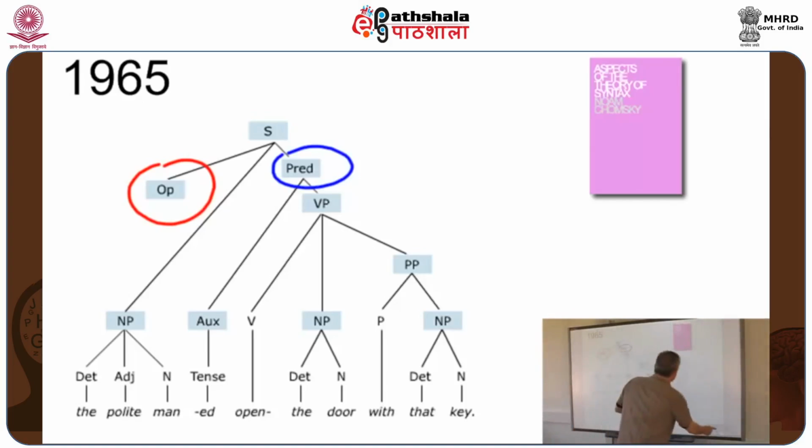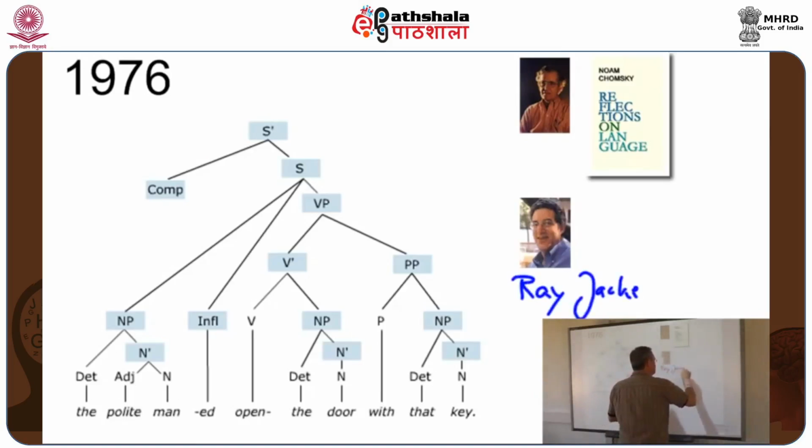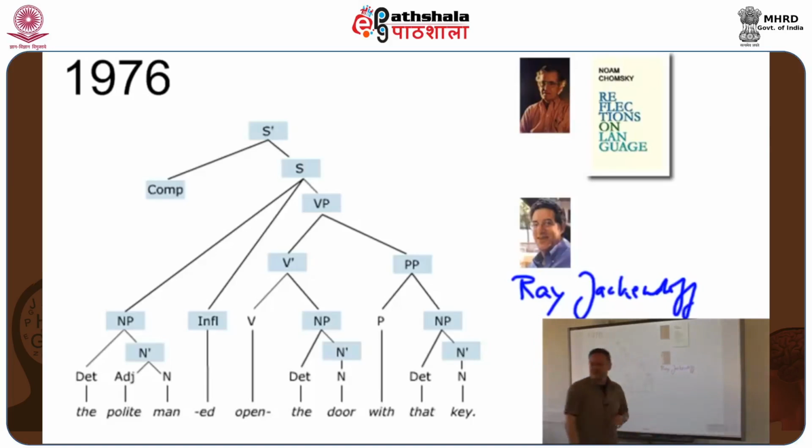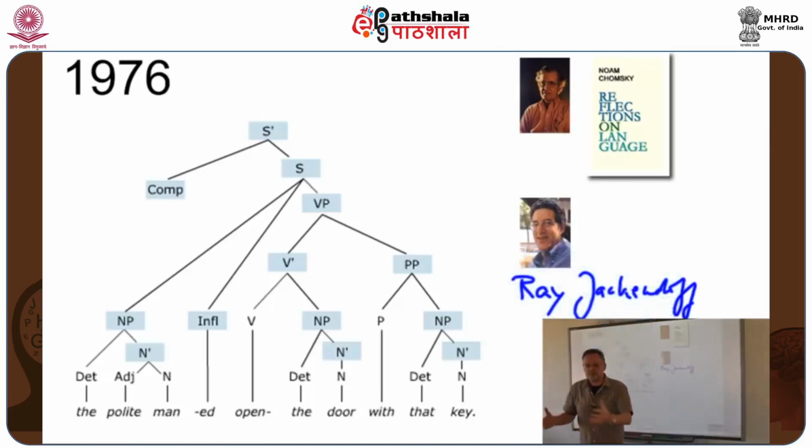Well, the next major step was published in Reflections on Language in 1976. However, one of Chomsky's disciples, Ray Jackendoff, was also very influential in the development of this first version of what they refer to as X-bar syntax. The idea goes back to Chomsky and Jackendoff, as I said, and a discussion of the representation of nominals.